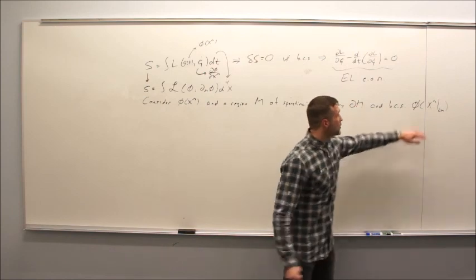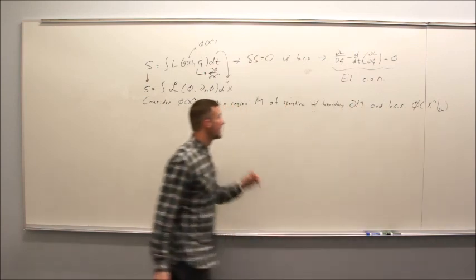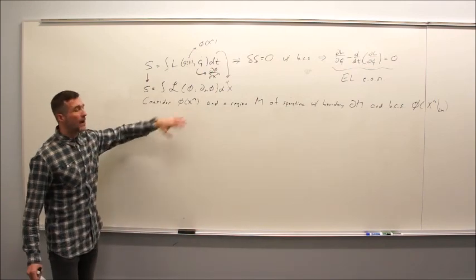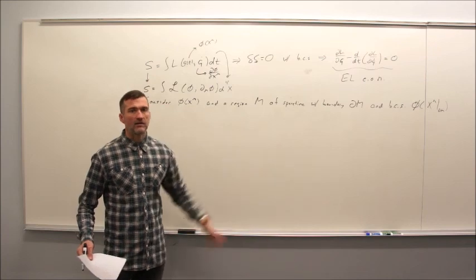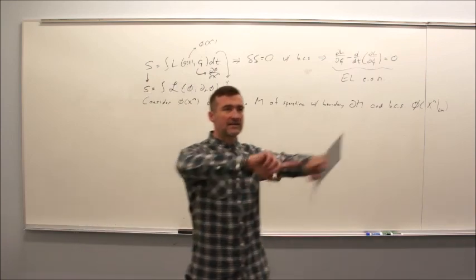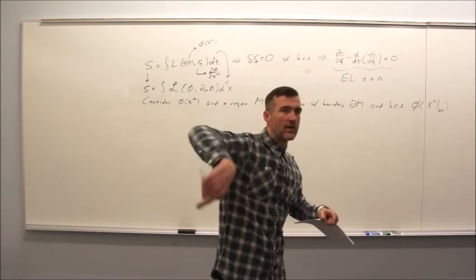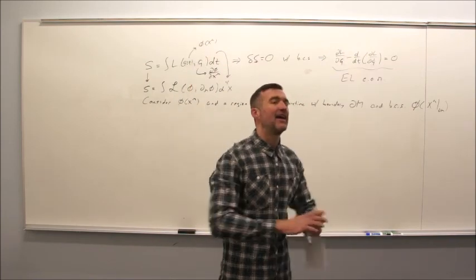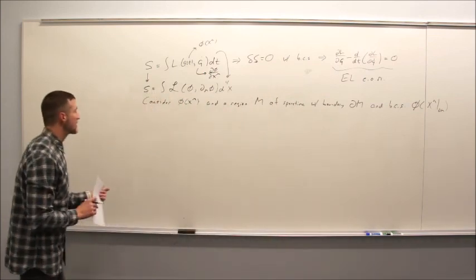I'm going to tell you what the field values are on the boundary, and what we want to do is figure out, given those boundary conditions, what the field looks like everywhere else. You can think of a region of space-time as a hoop in time, and you're specifying the field on the hoop in time, and then you're just filling it in by getting some equations of motion to solve. Okay?